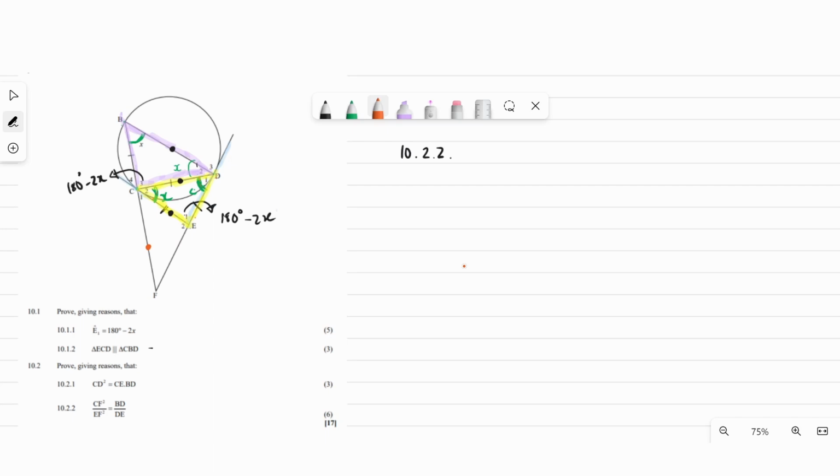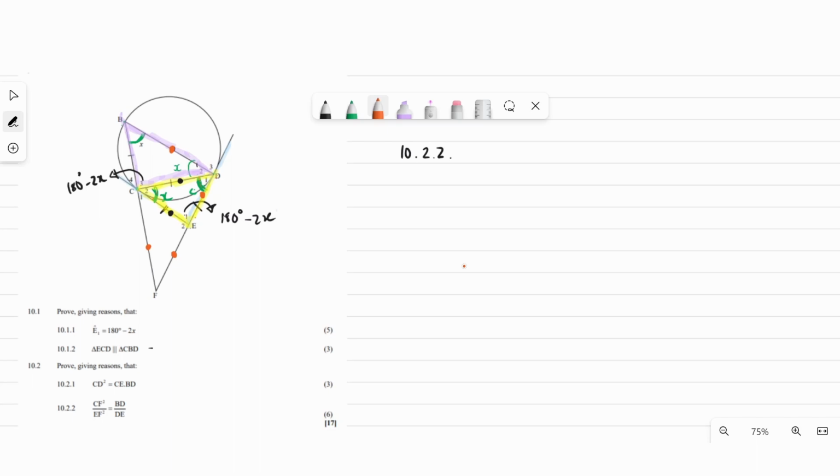Divided by EF squared, which is going to be this one. It's going to be equal to BD, which is this one, divided by DE, which is this one. So for CF squared, what we need to do is first prove parallel lines so that we can use the proportion theorem to solve this question properly, right? So let's do that.